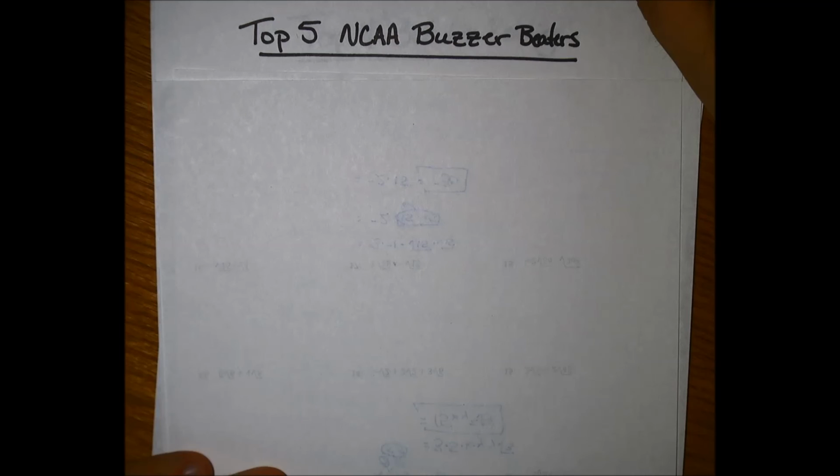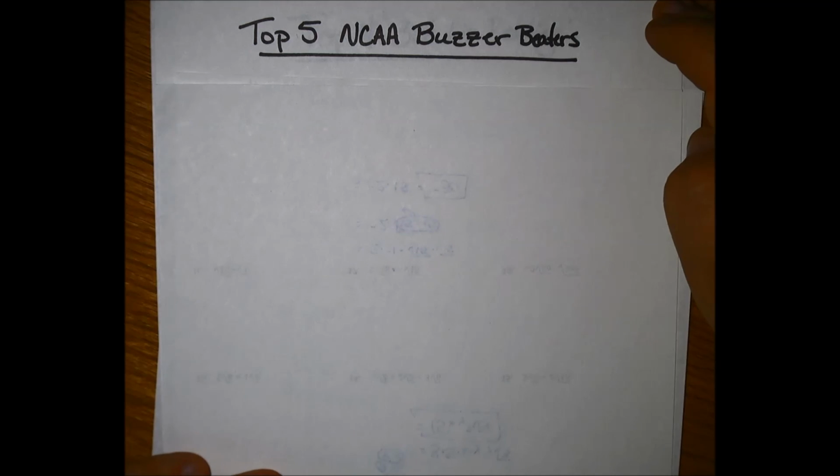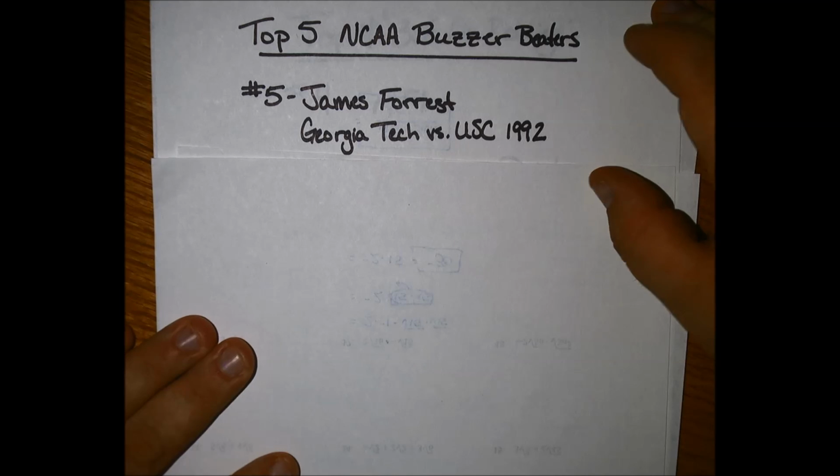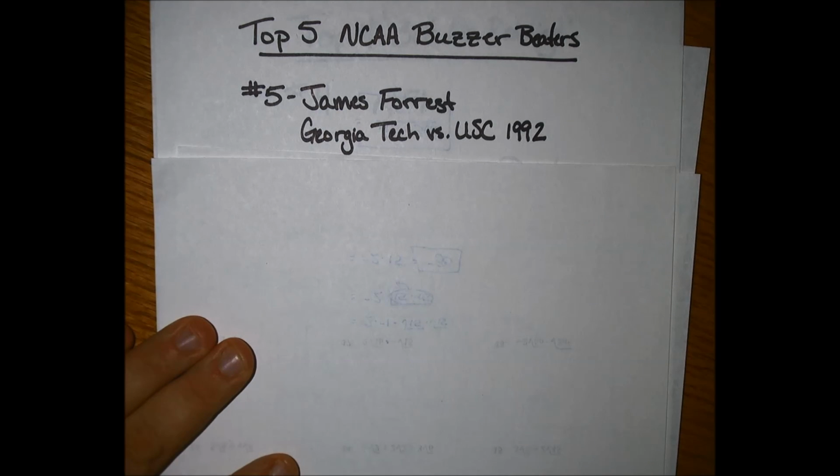We'll see what I think are the top 5 NCAA basketball tournament buzzer beaters, and that just being a shot at the end of the game that wins the game. In order for it to be a buzzer beater, you'd have to win the game. So let's go ahead and look at what number 5 would be. Number 5 is James Forrest, in the Georgia Tech USC game in 1992.